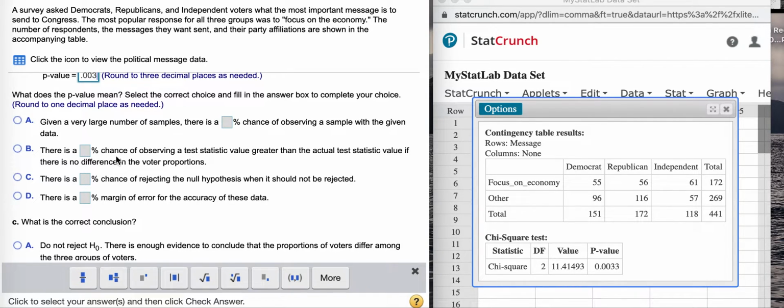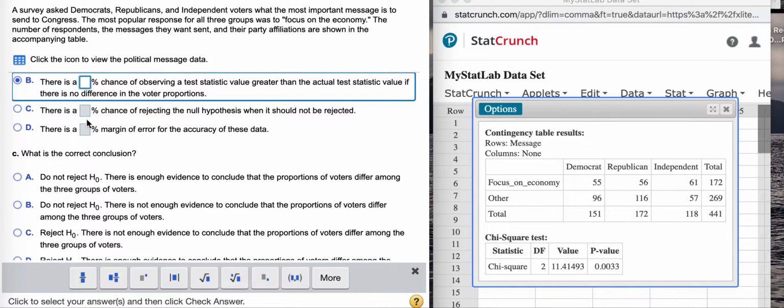Option B, there is a blank % chance of observing a test statistic value greater than the actual test statistic value if there is no difference in the voter populations. So the idea here is, if the null hypothesis is true, how likely are we to see a test statistic as large as the one we saw or greater, more in favor of the alternative hypothesis?